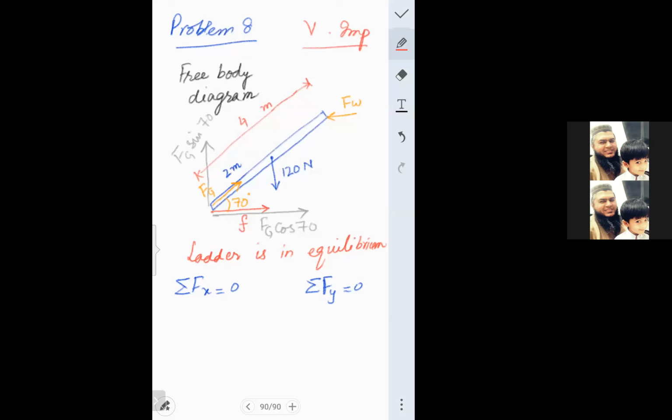Taking all the rightward forces as positive x direction and all the leftward forces as negative x direction, we take small f, which is friction, as positive, Fg cos 70 as positive, and Fw as negative because it is in negative x direction.